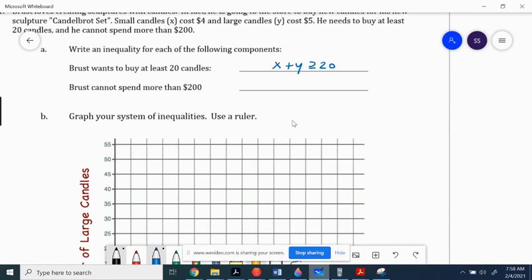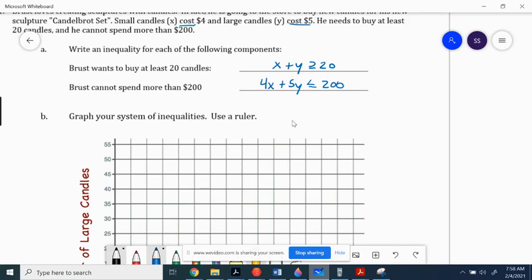So now we're actually looking at the costs, which are 5 and 4. So we're going to say 4x plus 5y. When we add those together, this cannot exceed, so it has to be less than or equal to 200. So there's your two inequalities.